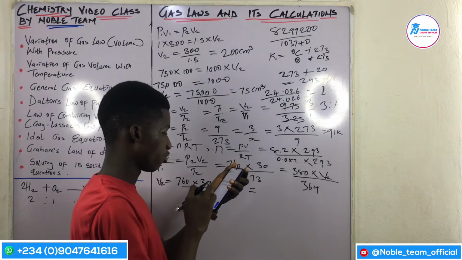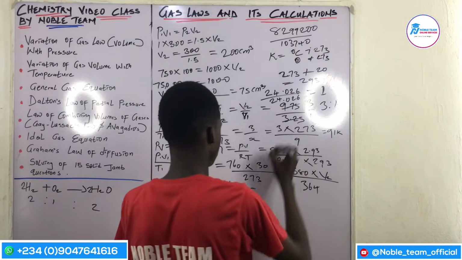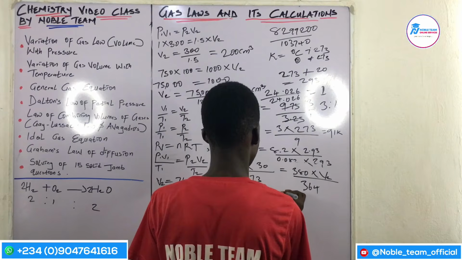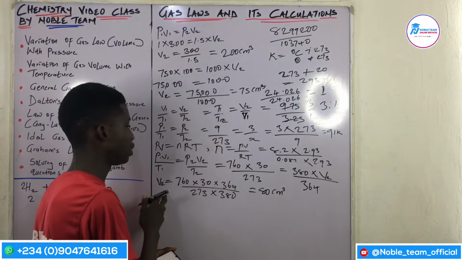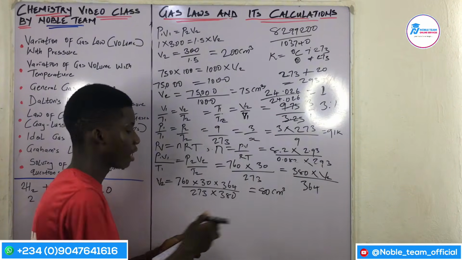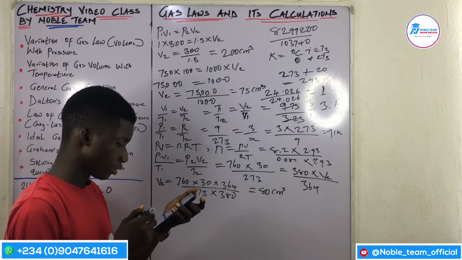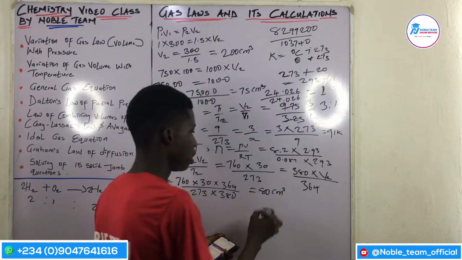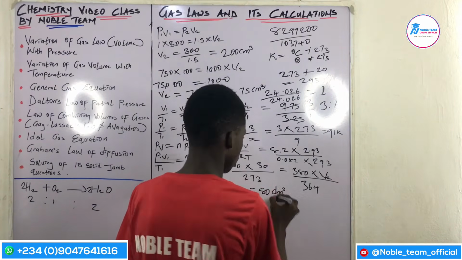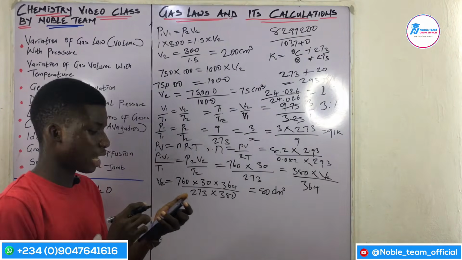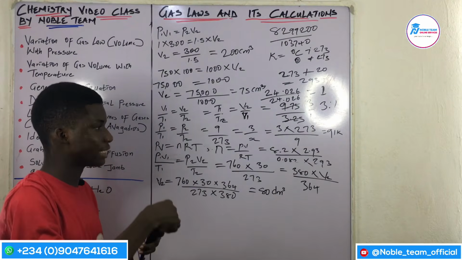So I have it to be 80 centimeter cube. So this is the V2 and we have gotten the answer. Now let's look into the options to know which one is correct. We have option D to be correct. So it is in dm. Let's move into the next one, which is question 8.